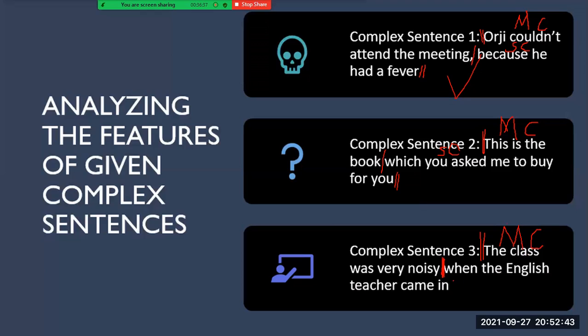Then the second one, when the English teacher came in, is the subordinate clause. And so we label it SC as usual. Again, you can see that we have two clauses here, one main clause and one subordinate clause. And then put together, we have the class was very noisy when the English teacher came in.